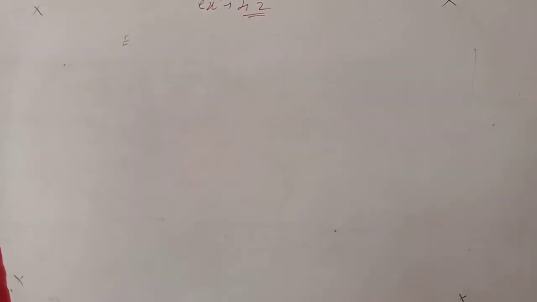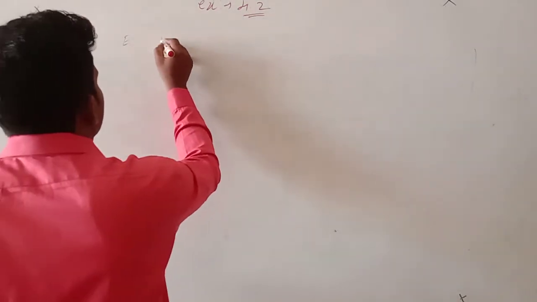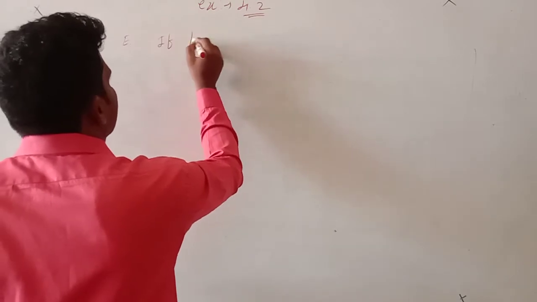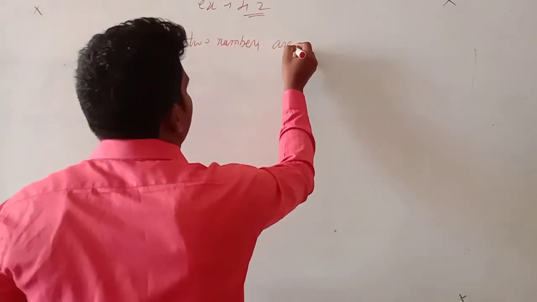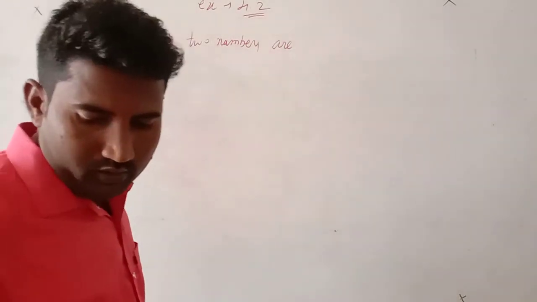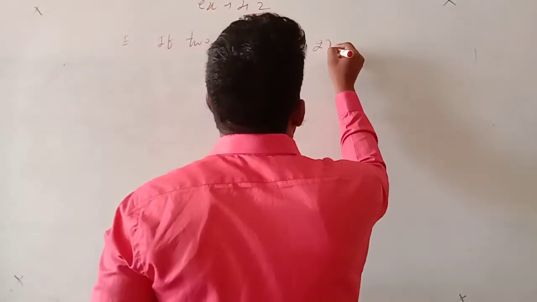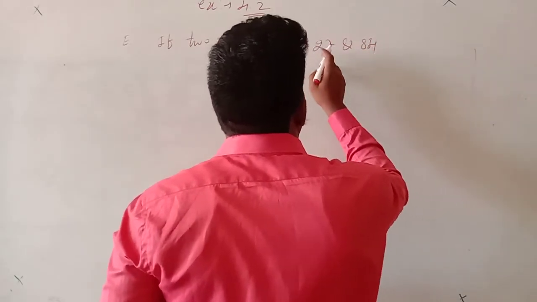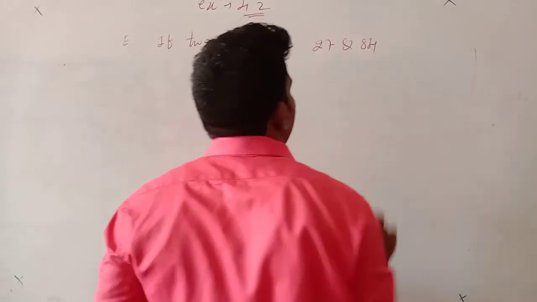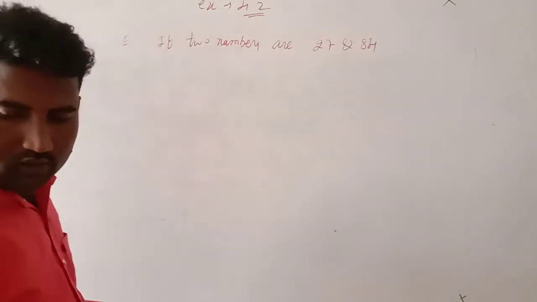If two numbers are 27 and 84, two numbers are given here: one is 27 and another is 84.